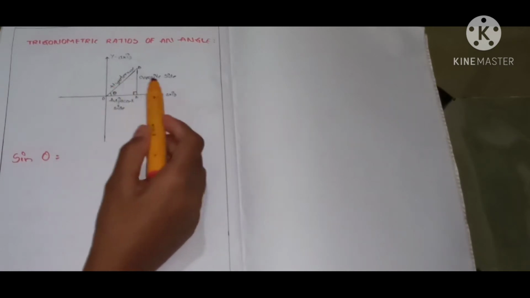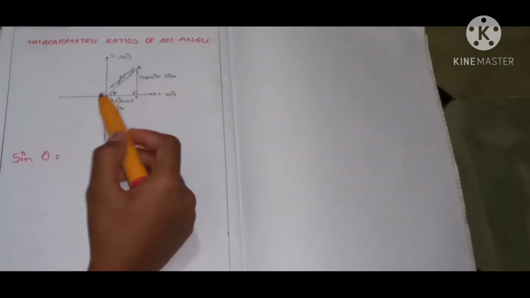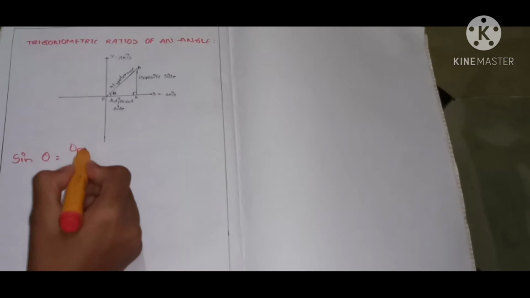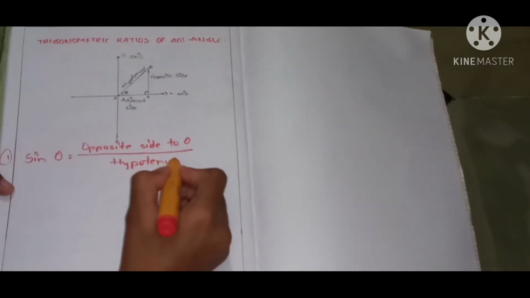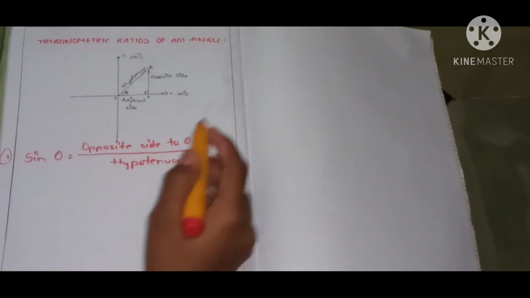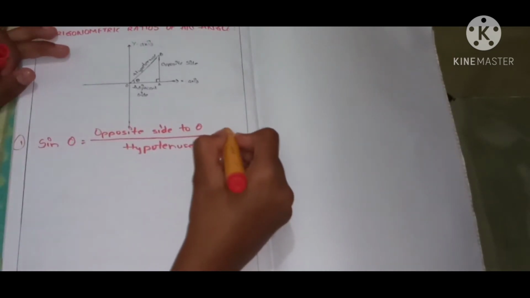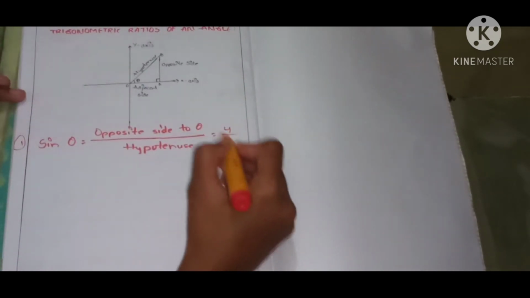So first one, sine theta. Sine theta is equal to opposite side to theta by hypotenuse. Opposite side to theta is known as y, and hypotenuse is r.